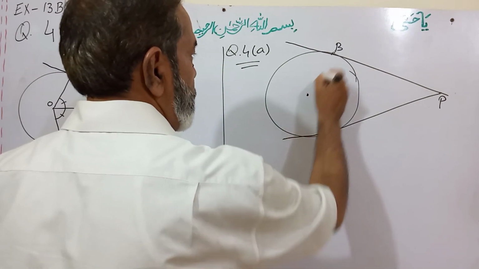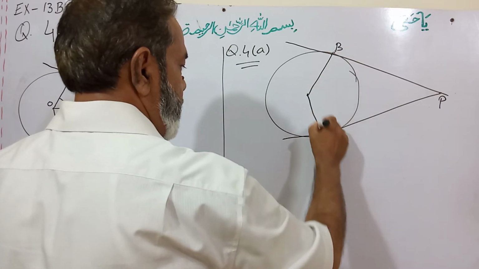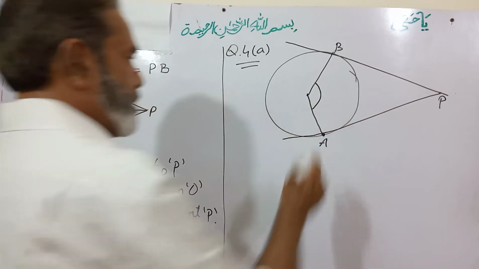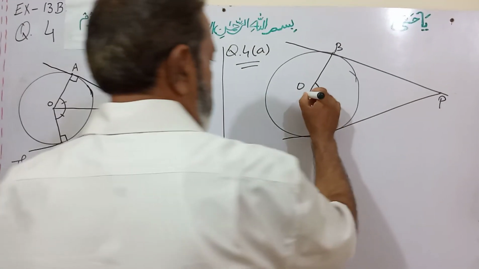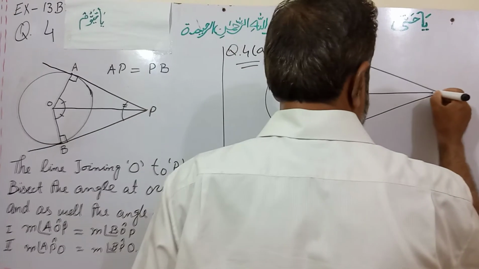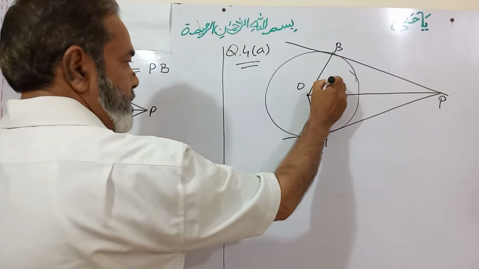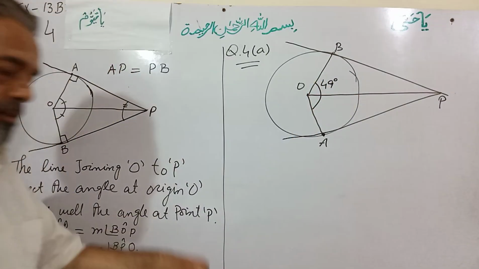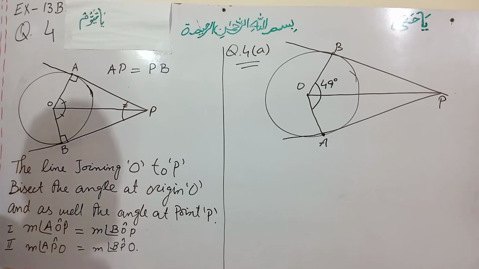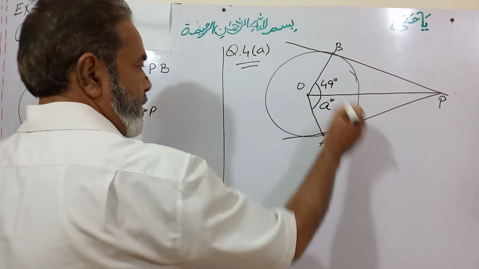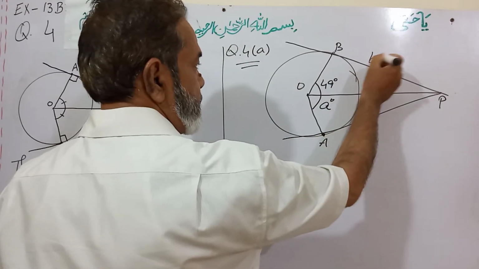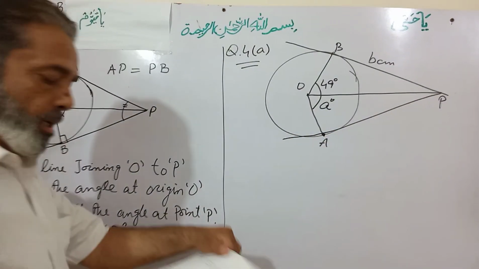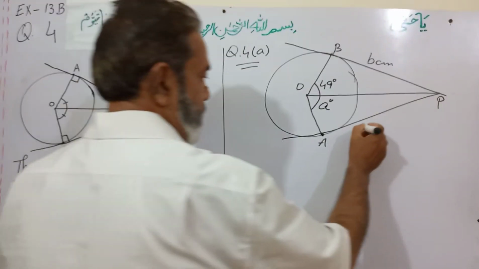Join O to A and B. Again join O to P. This angle is 49 degrees, given, and he is asking for a degrees. Same way, this is b centimeters and the length of the other is 14 centimeters.